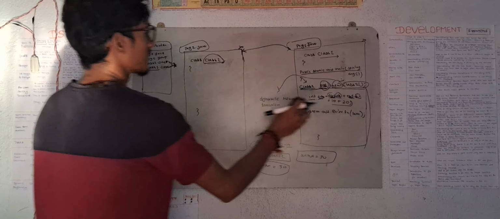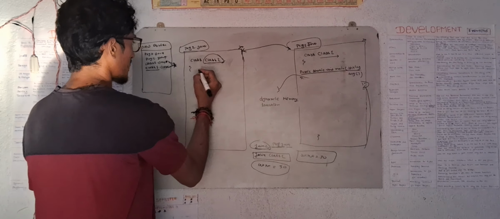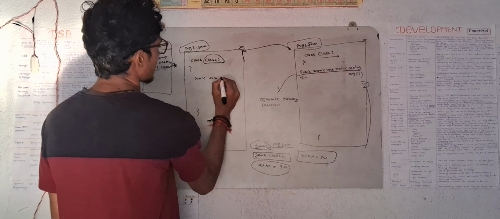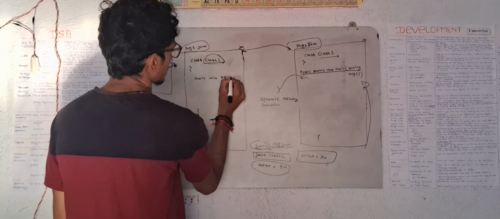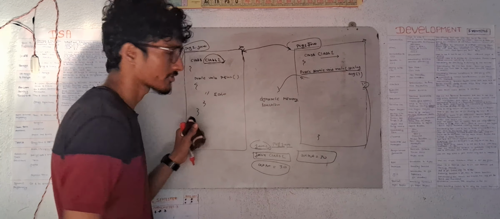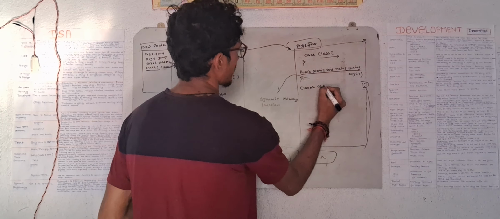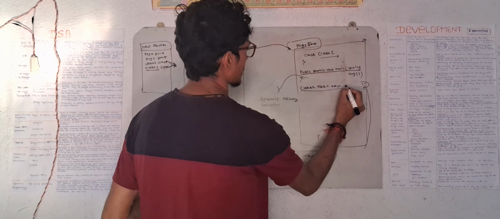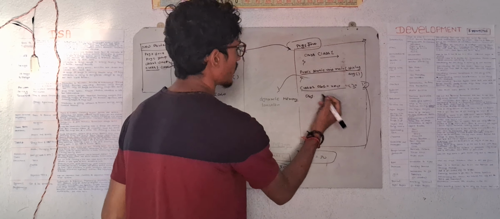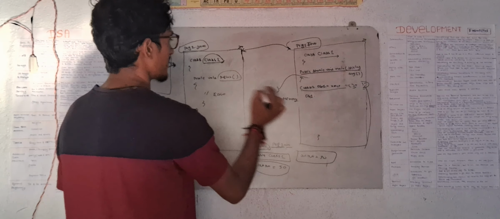Let's take another condition. Here a function has been written: public void, your print function, and here some code. For accessing this function, we need to write class2 ob1 is equal to new class2 with brackets, and after that you write ob1 dot your function name, which is print.